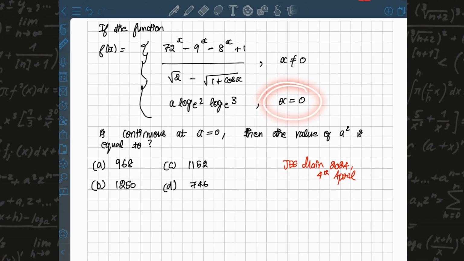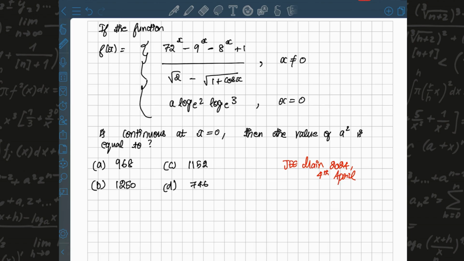And when x equals 0, the function is a log base e 2 into log base e 3, and they have given that it is continuous at x equals 0. So what we have to find is the value of a square. There are four options: 968, 1152, 1250, and 746.